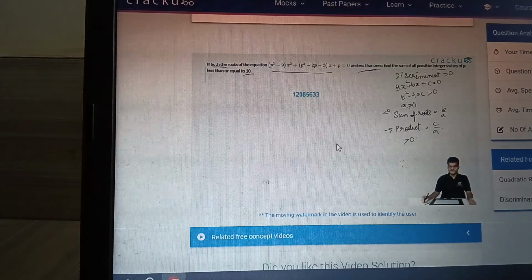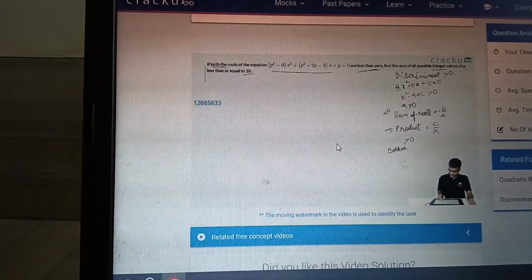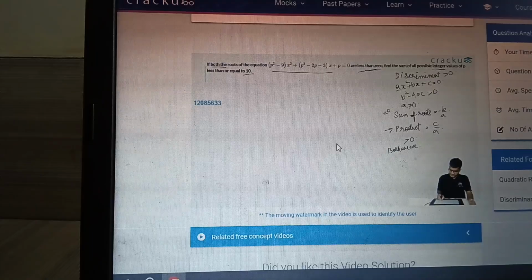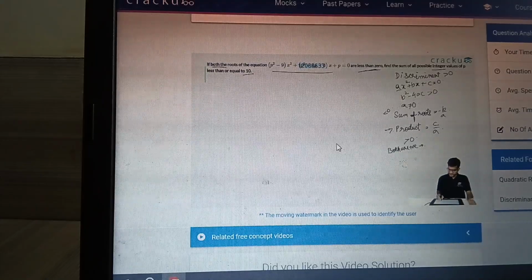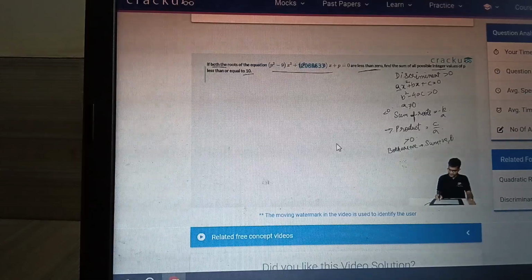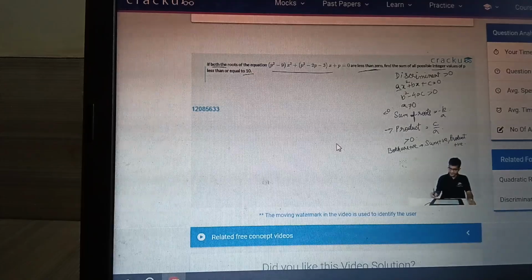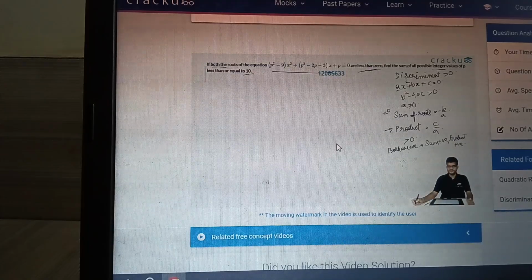Again, if you have two roots, if both the roots are positive, then the sum of the roots will be positive and the product will be positive, because the sum of two positive numbers will be positive and the product of two positive numbers will be positive.